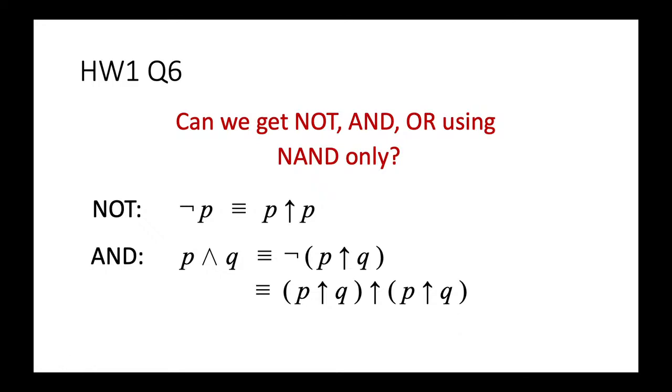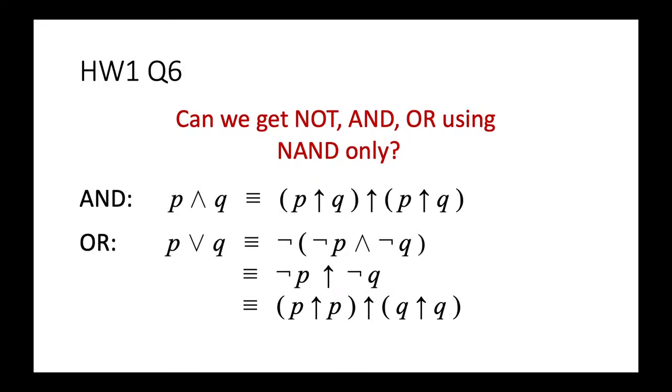Okay, once we have AND, then we can get OR. So how do we get OR? Maybe we don't need to have AND, maybe this is something extra. But let's see. This is OR, P or Q, right?